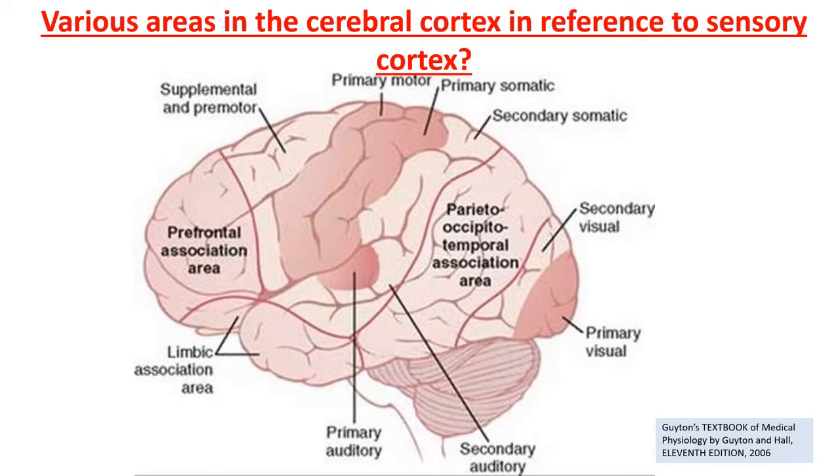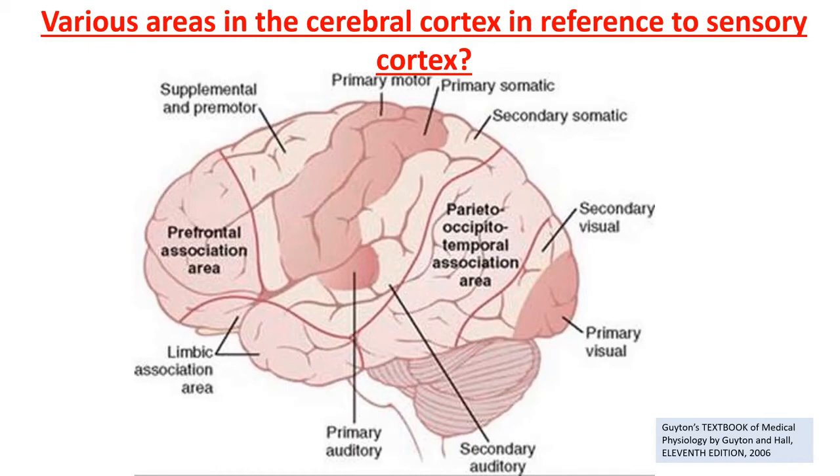Then we have the association area. This parietal association area alone is not enough. The parieto-occipito-temporal association area combines the three modalities, that is the somatic sensory modality, the visual modality and the auditory modality. All of them put together are sensed here.